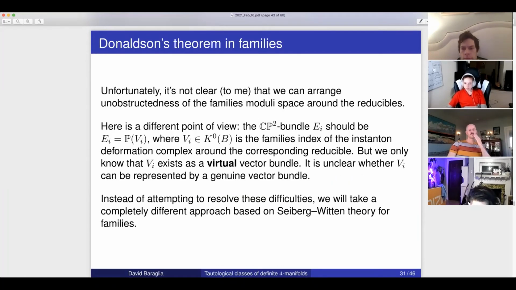Okay, but unfortunately, it's not clear, or at least it's not clear to me, that you can actually do this. It's not clear that you can arrange unobstructedness of the family's moduli space around the reducibles. Of course, when you just do instantons on a single definite four-manifold X, then it's known that for a sufficiently generic metric you get unobstructedness.